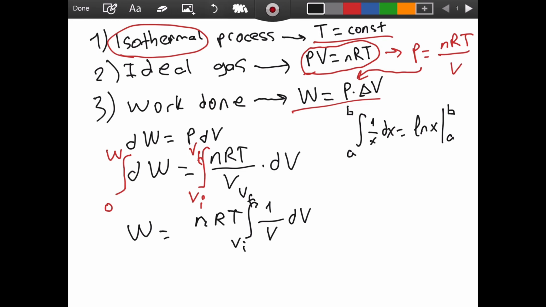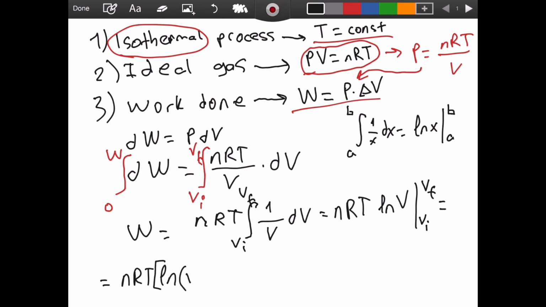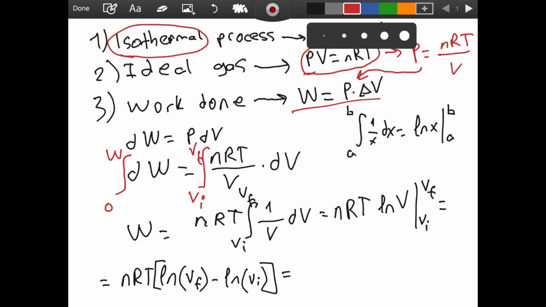My bad. But anyways, if we use this knowledge that comes from math, we know that we can write it like this: ln V from V_f to V_i. Now I am going to just plug in our boundaries so that we will have ln V final minus ln V initial. And I think I proved this in logarithms.